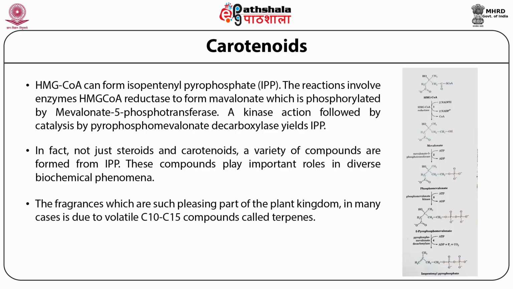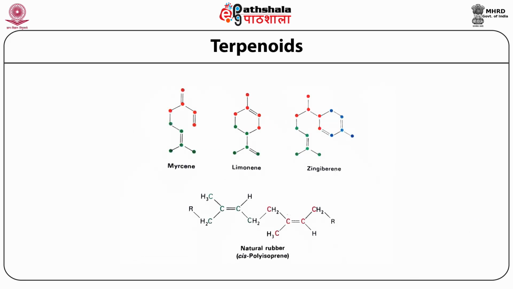The fragrances, which are such a pleasing part of the plant kingdom, in many cases are due to volatile C10 to C15 compounds called terpenes. The bay leaves fragrance is due to myrcene, which has just 2 isoprene units.